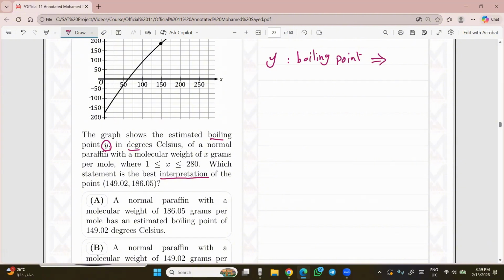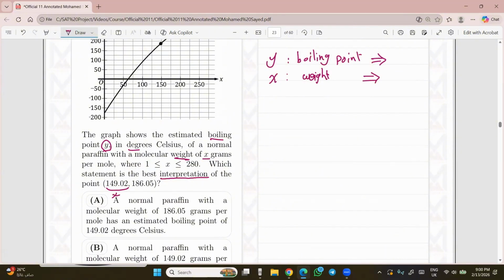The question says a normal paraffin with a molecular weight of x grams per mole. x here is the weight in grams per mole. And we see something here after this: which statement is the best interpretation of this point?